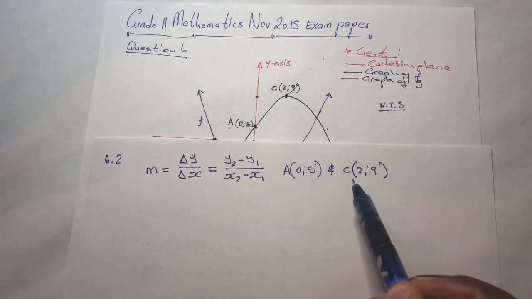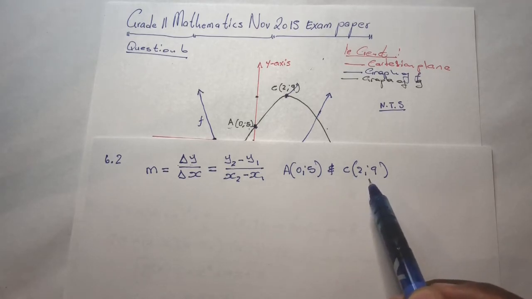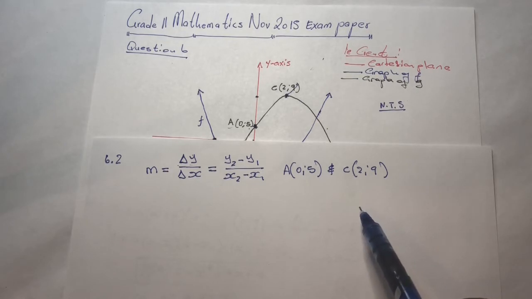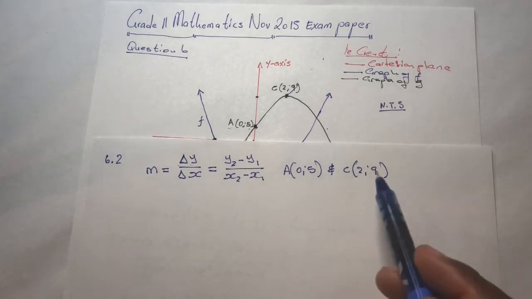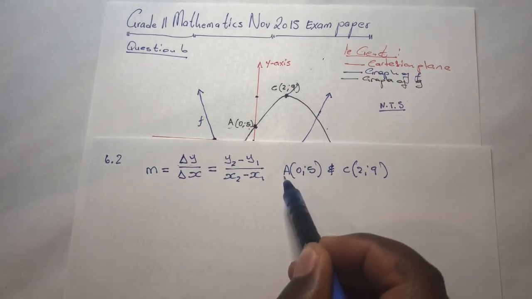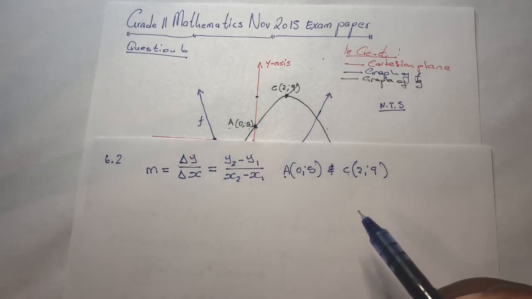And that will mean the coordinates of C are x1 and y1. But for me to be able to easily solve this type of questions, alphabetically you start with A, and C comes second.